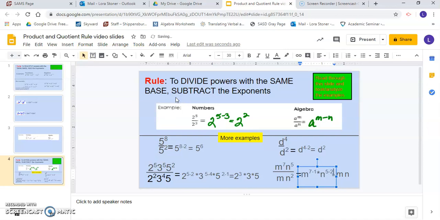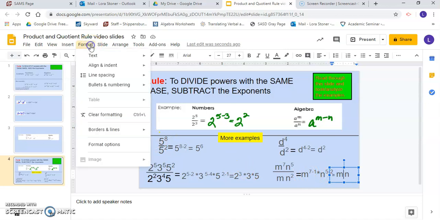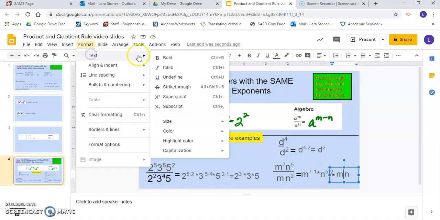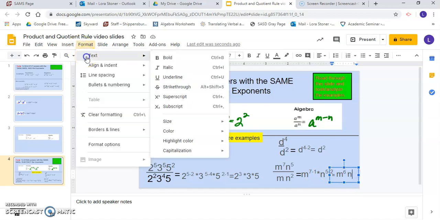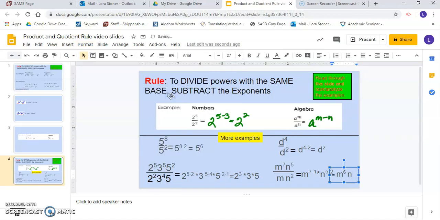So then our final answer, we have to look at our exponents and we have to subtract them. So 7 minus 1 right here will equal 6. And then 5 minus 2 will equal 3.